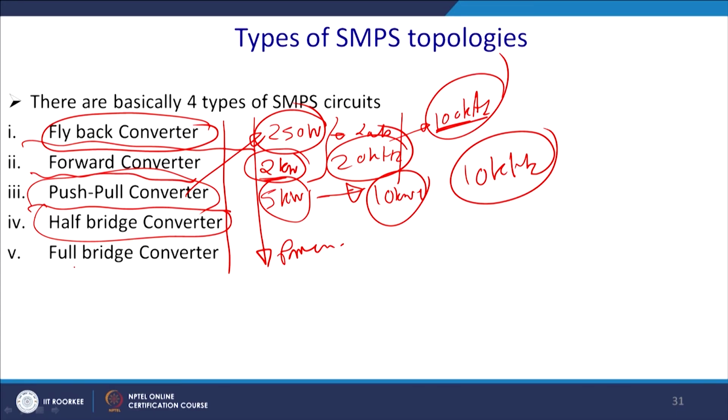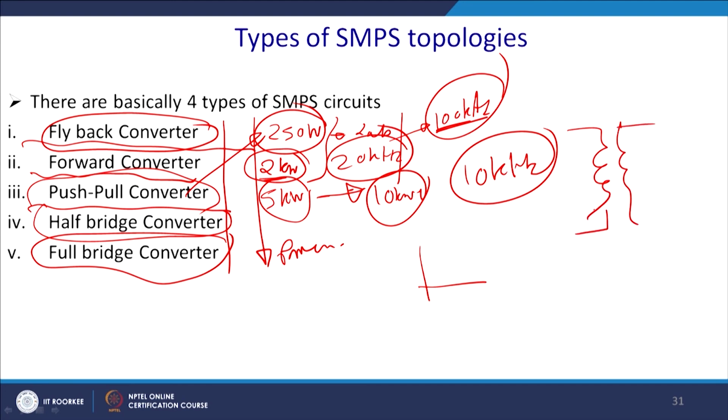Now, there are a few issues involved in the DC to DC converter, since in between you have a transformer. Once you are chopping this, current will flow from this to this.